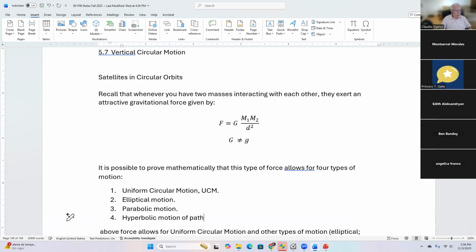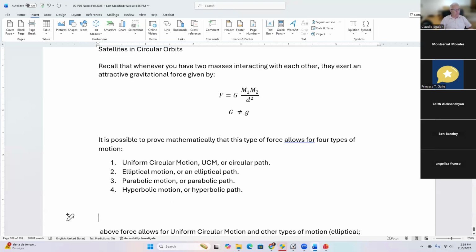Uniform circular motion or circular path, elliptical motion or an elliptical path, parabolic motion or a parabolic path, hyperbolic motion or hyperbolic paths. If you're following the news, we have an interstellar visitor right now that's in the solar system.